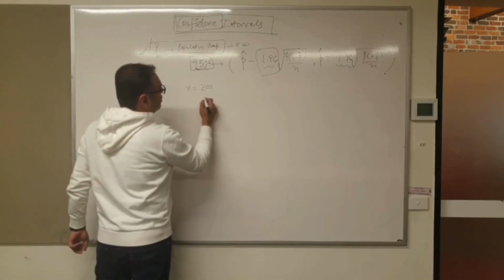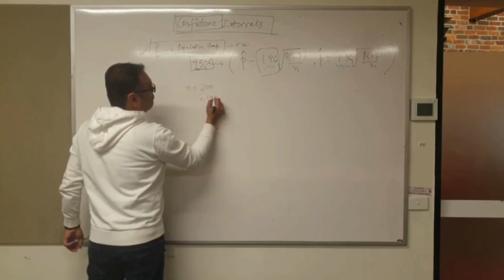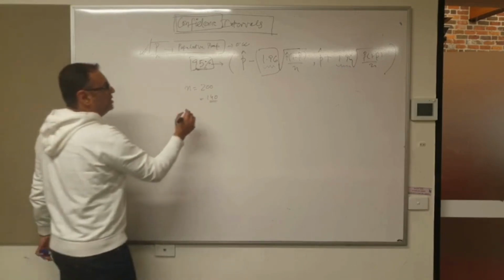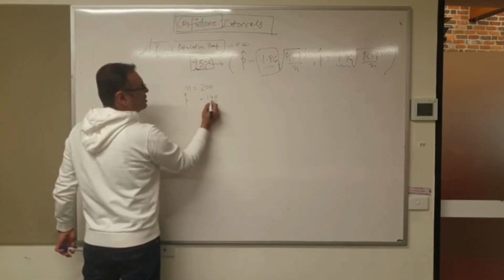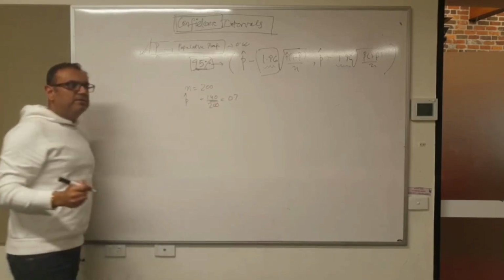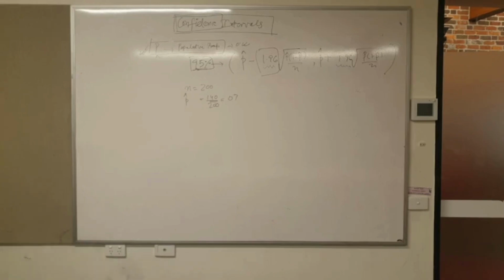So let's say you found that 140 are using social media. So what's your population proportion, Kisha? Population proportion is 140 over 200, which is 0.7, right? Yes or no? Say yes or no, something, right? I need to hear that.